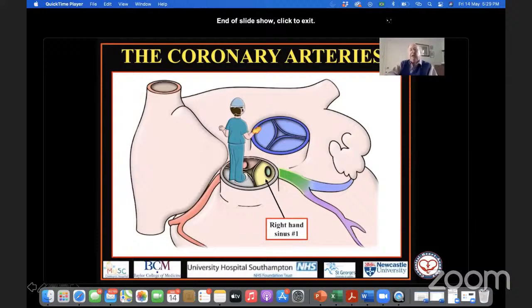The right-handed sinus, number 1, gives rise to the main stem of the left coronary artery, that then bifurcates into the circumflex and anterior interventricular branches. The other sinus is going to be to our left hand, and that is going to give rise to the morphologically right coronary artery, and we call that left-handed sinus number 2.